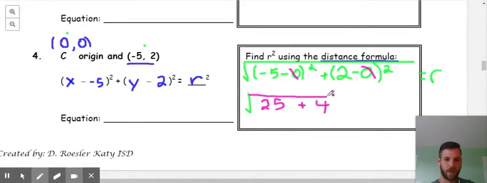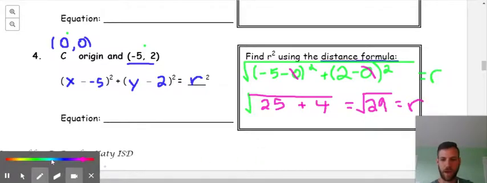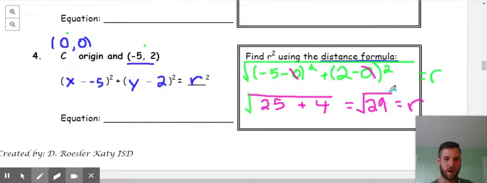And so that means our square root is going to end up being the square root of 29 equal to r. Now we could put that into our calculator, but we don't even need to bother, because what I'm going to do now is just square the square root and square our r, and it turns out that would just give us 29 being equal to r squared.